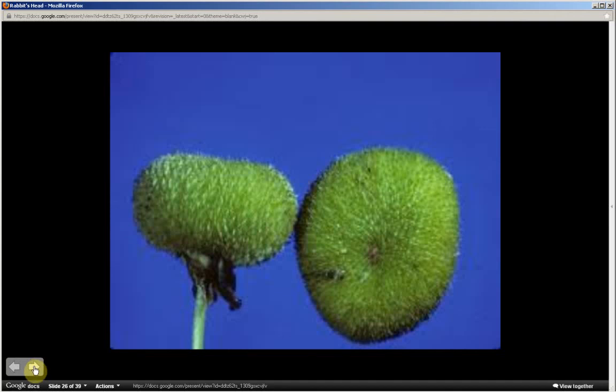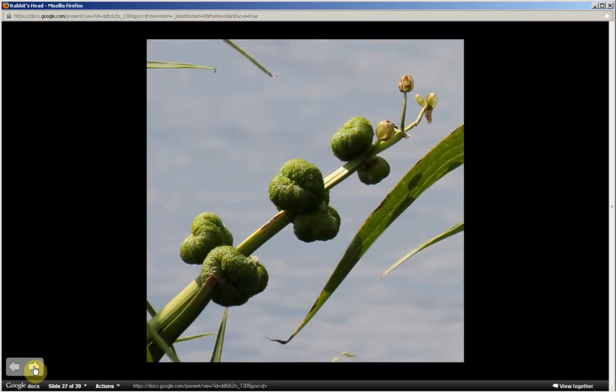Now these fruit easily shatter into hundreds of seeds. And when they shatter upon ripening, the seeds are released into the water where the currents will take them out to propagate.